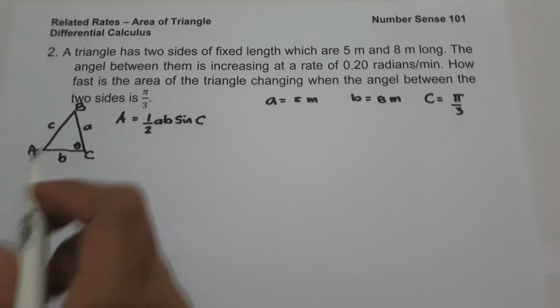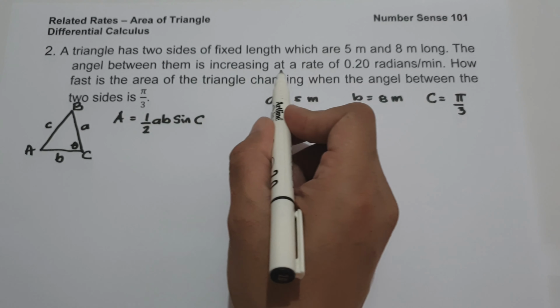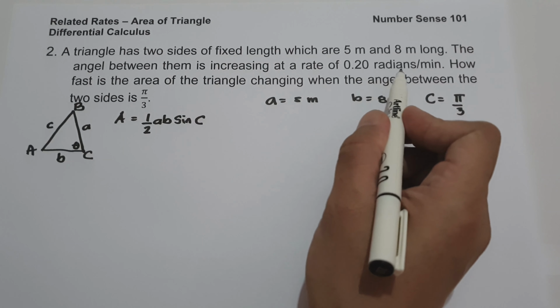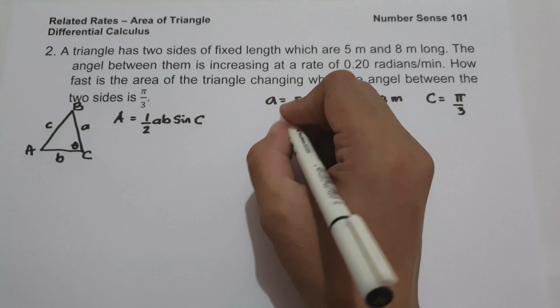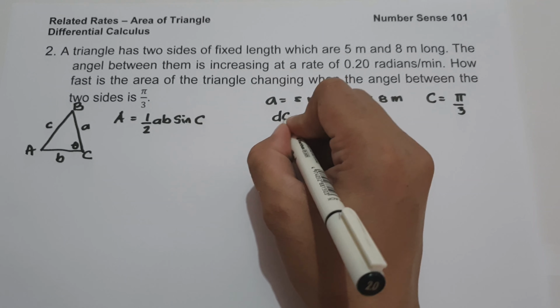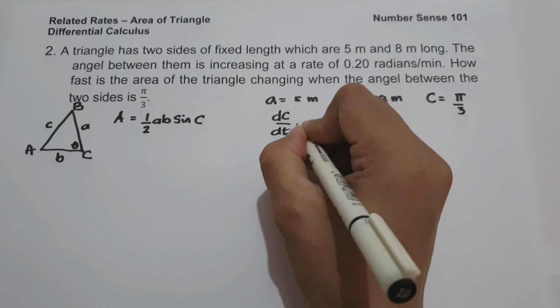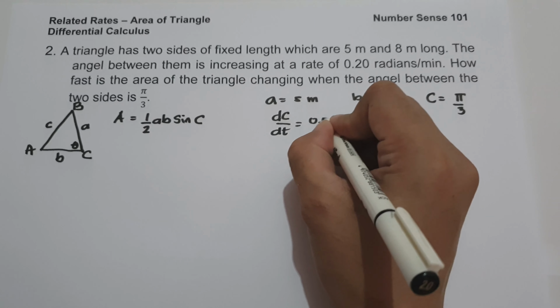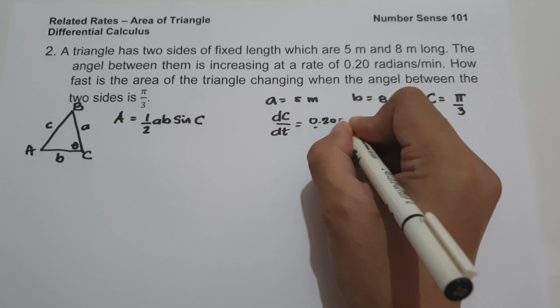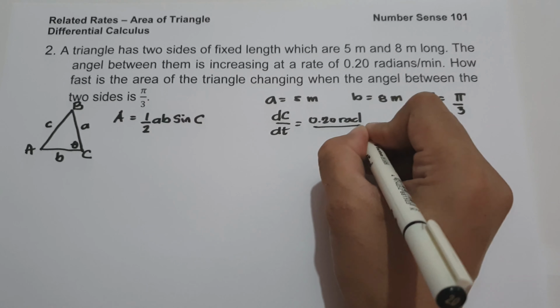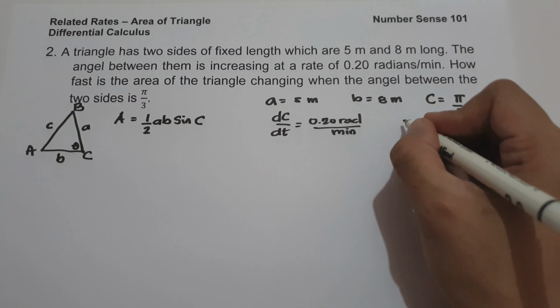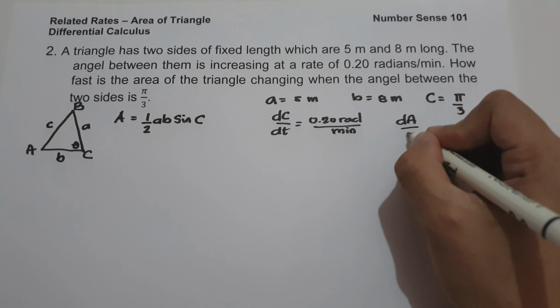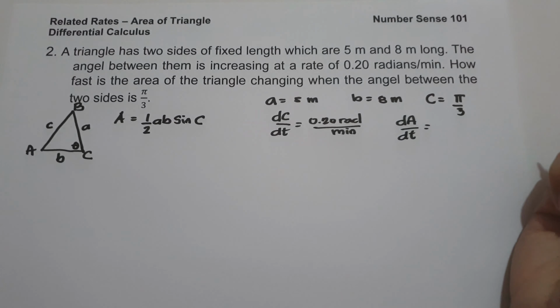And then, the angle between them is increasing at the rate of 0.20 radians per minute. So the derivative of C with respect to time, dC over dt, is 0.20 radians per minute. And then, we are looking for dA over dt, that is the area.